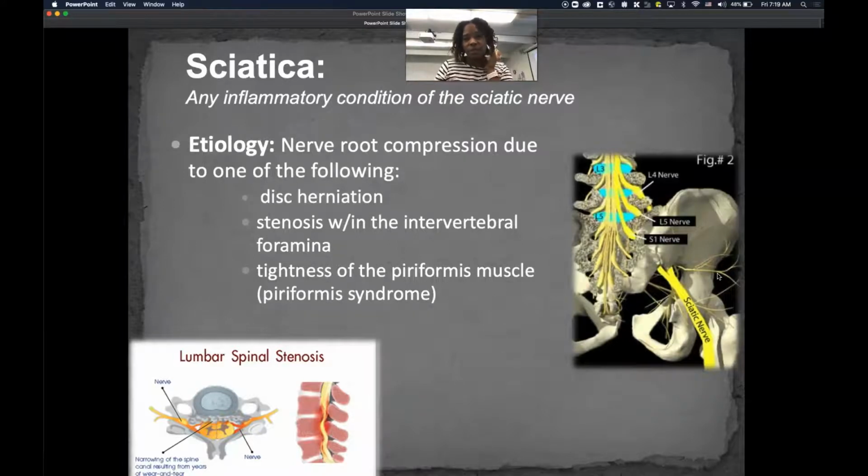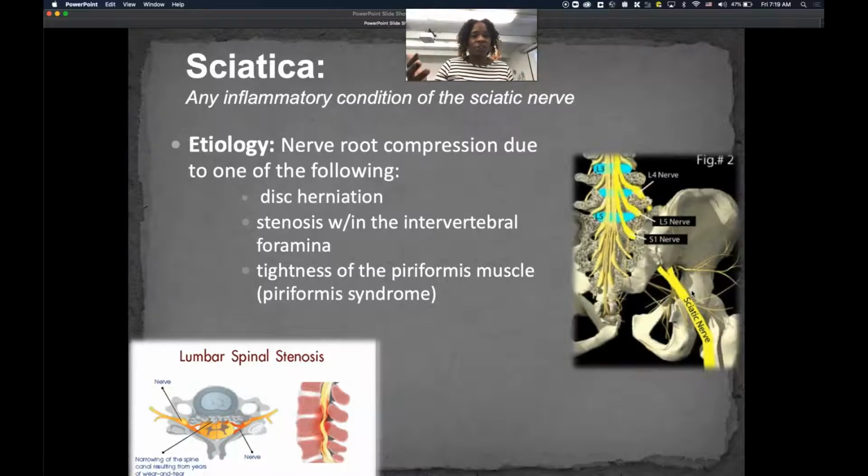And then the one that I've seen the most, believe it or not, is as a result of a tight piriformis. So that piriformis is impinging the sciatic nerve right here in its space in the gluteal region or the gluteal folds of the pelvis itself. So you're going to have to figure out which of these causes is the root of the numbness and tingling, and then that helps you resolve it, right?